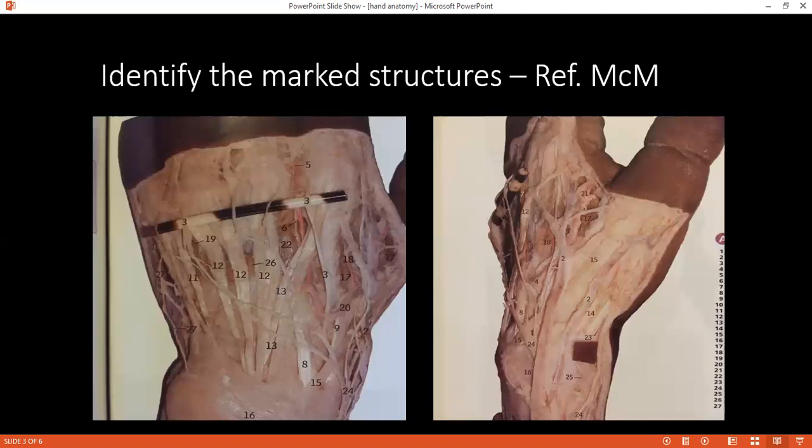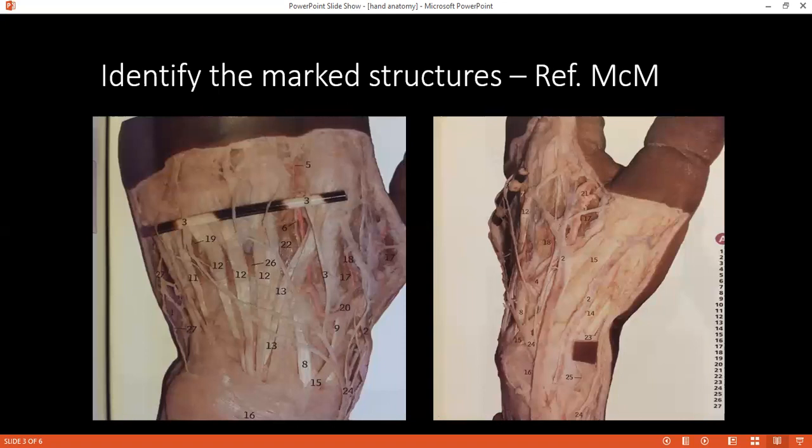Six compartments containing how many tendons? The abductor pollicis longus and extensor pollicis brevis are one compartment. The extensor pollicis longus is another compartment. The extensor digitorum and extensor indicis form another compartment.